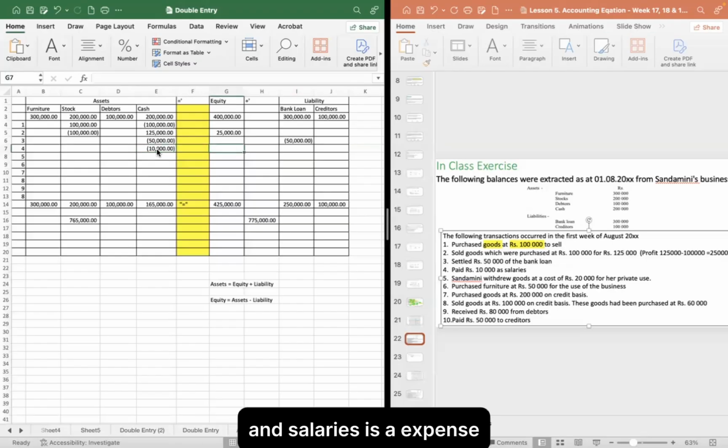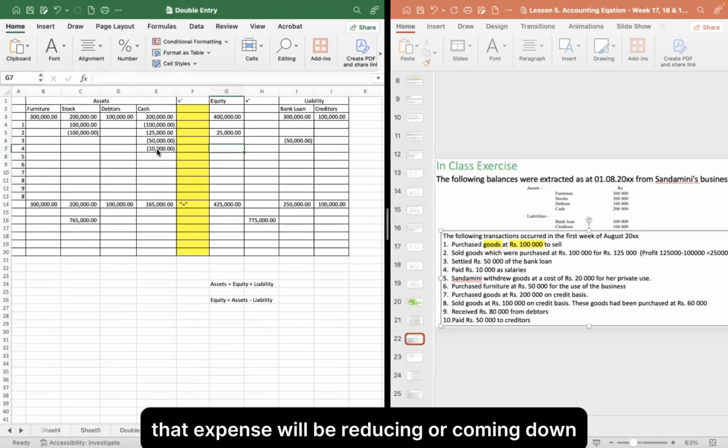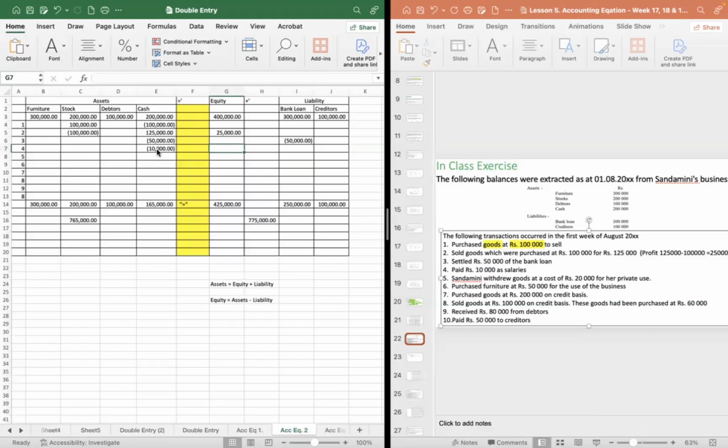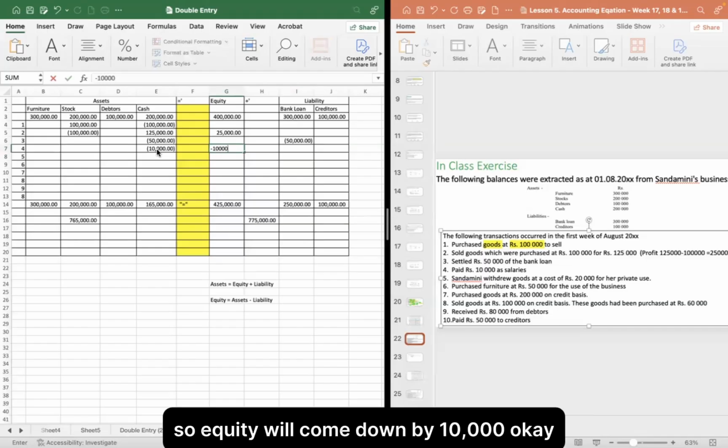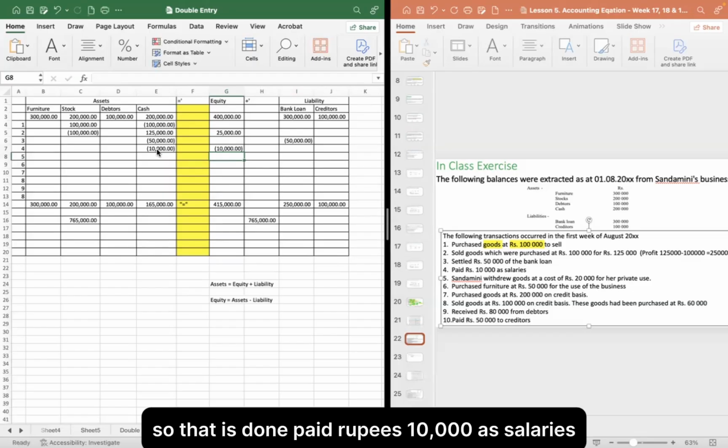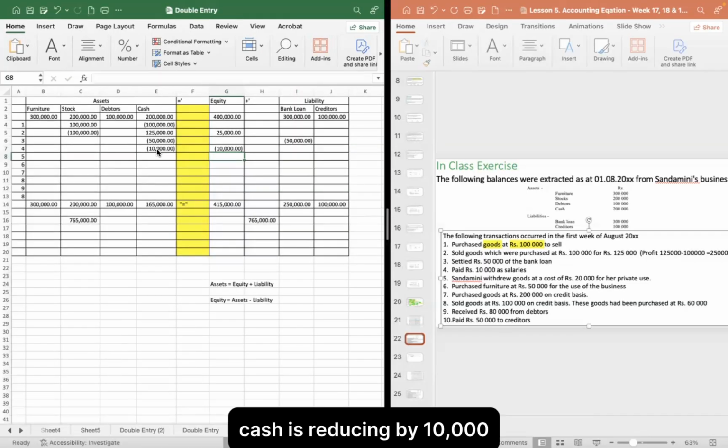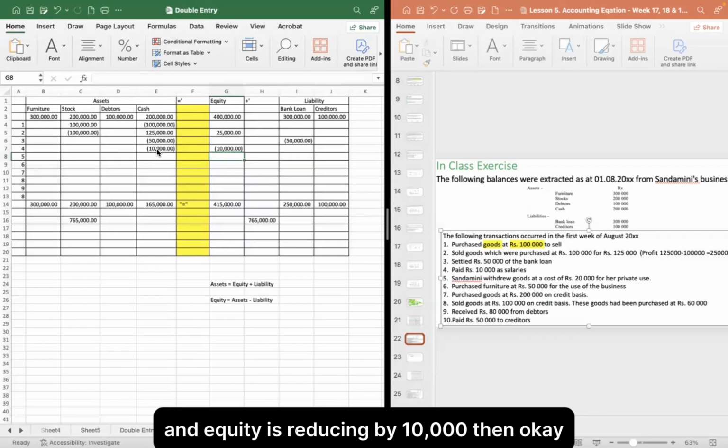And salaries is an expense. So that expense will be reducing or coming down from equity. So equity will come down by 10,000. Cash is reducing by 10,000 and equity is reducing by 10,000.